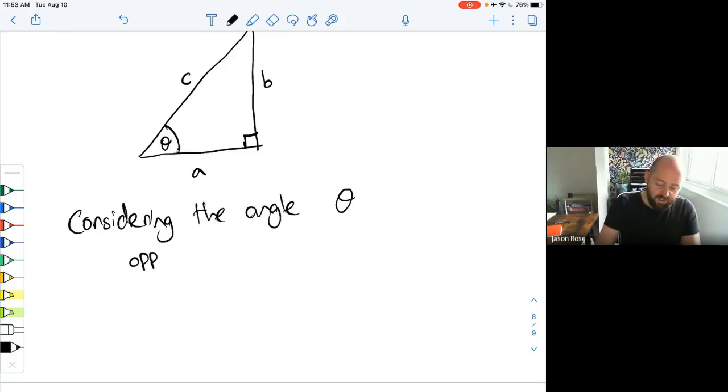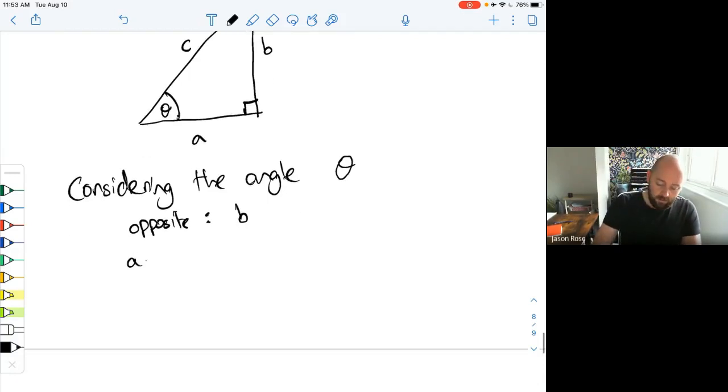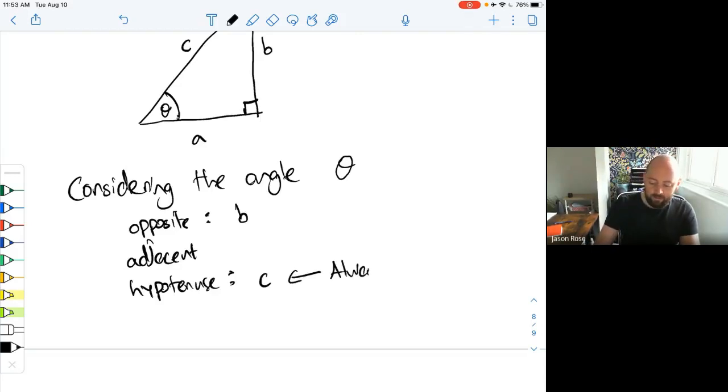Considering the angle theta, which side is opposite the angle theta? B is opposite theta. The side that's adjacent to theta, I probably should have started with the hypotenuse, because the hypotenuse never changes. That's always going to be C, and this is always the longest side of the right angle triangle.